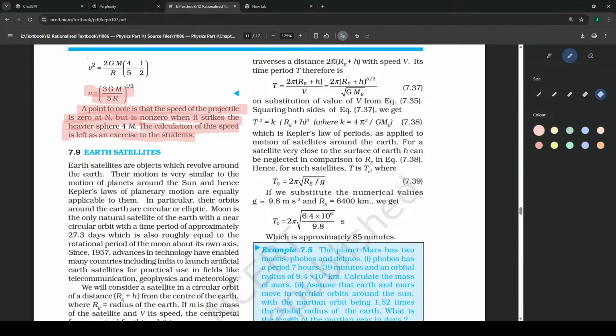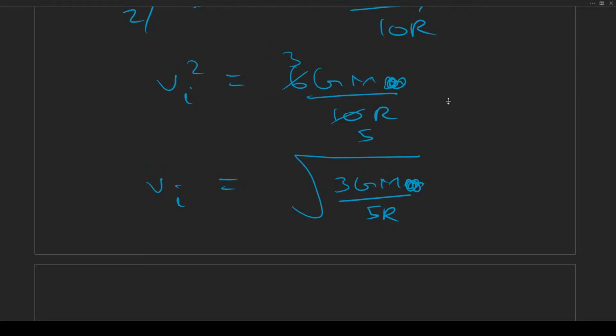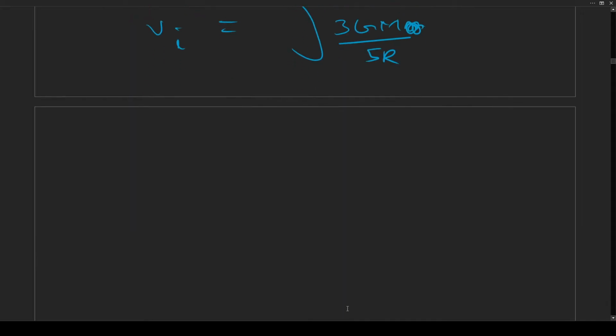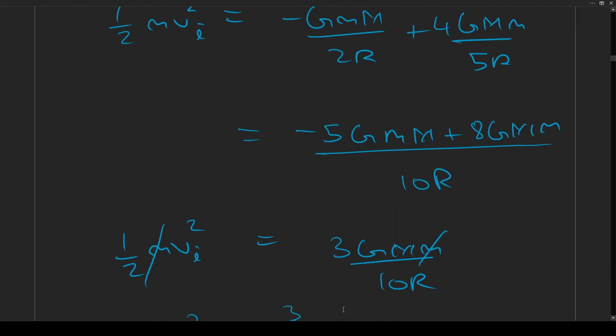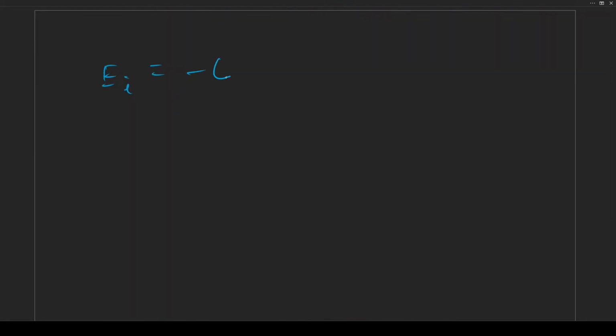If you want to calculate the speed when it strikes the heavier sphere 4m, then as well the initial energy will be the final energy in this case: minus GMm by 2r minus 4GMm by 4r.